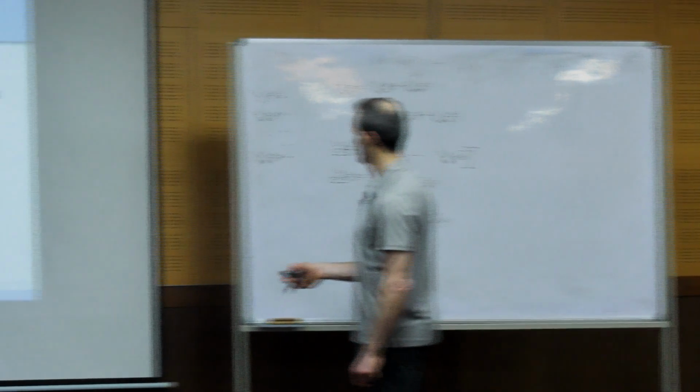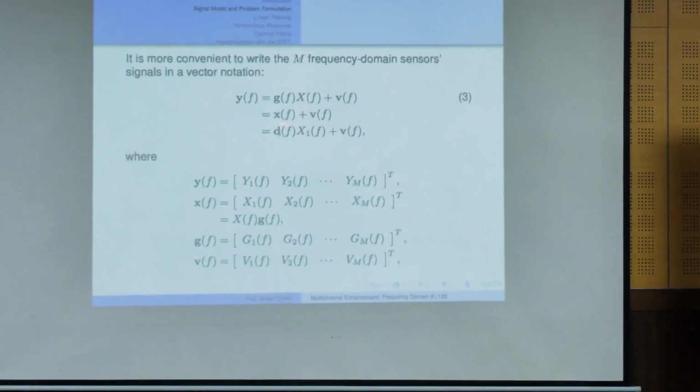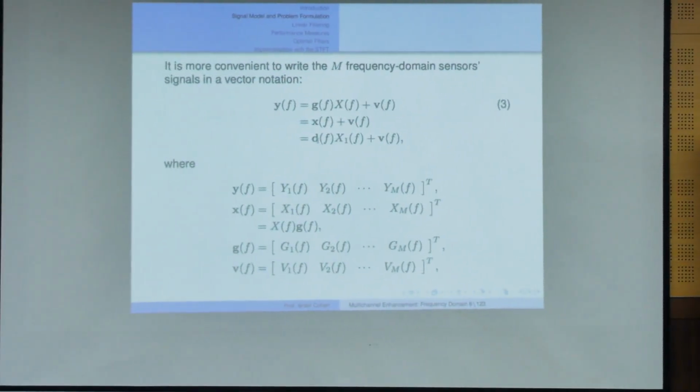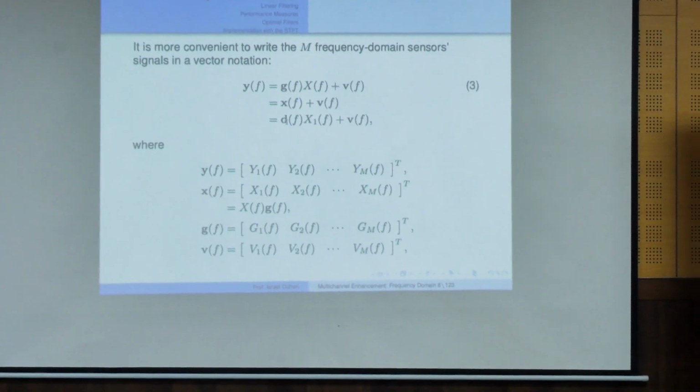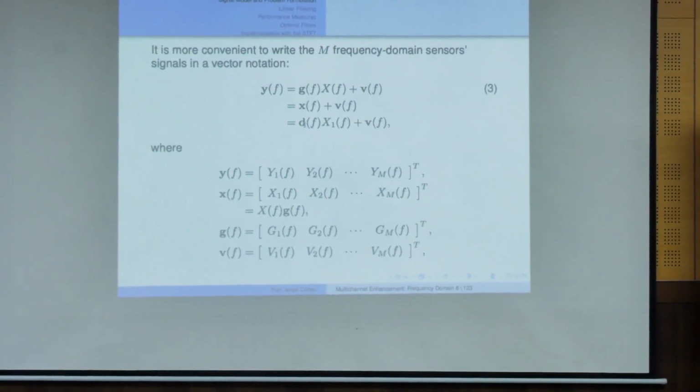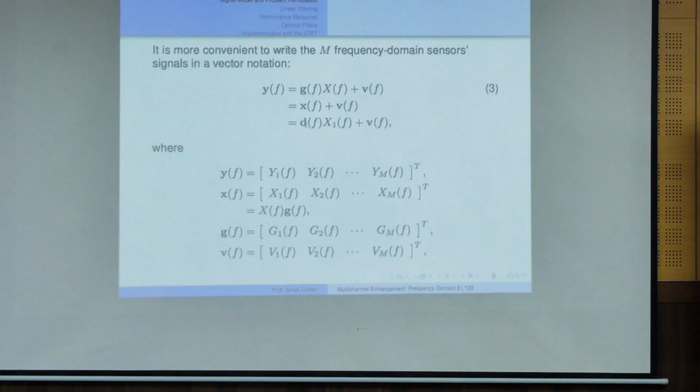This is the model. And we saw that this vector, which we assume that we know, contains a lot of information. We know the direction of the signal, but not only the direction. We know, including all the reflections from the desired source to each of the sensors, a lot of information. So we know this relative transfer function.